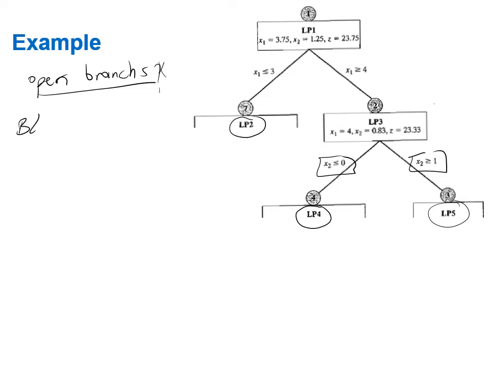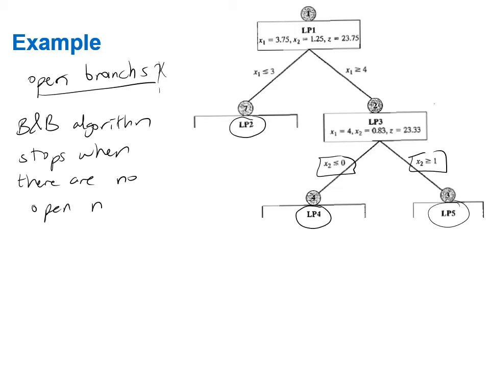The branch and bound algorithm stops when there are no open nodes or open branches. Since there are 3 open nodes, I cannot stop the algorithm. I have to continue. It means that I need to select one of these LPs next and solve it.